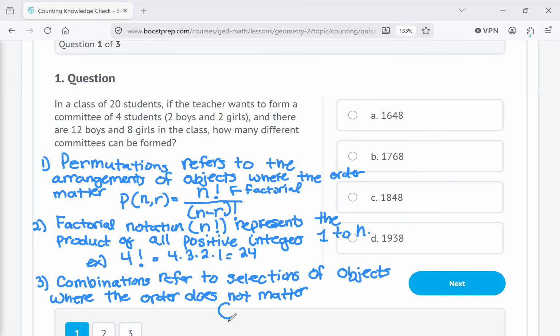So let's say you had C. The formula for a combination is C of n comma r equals n factorial over r factorial times n minus r factorial. This is when you would use this formula, if order does not matter.